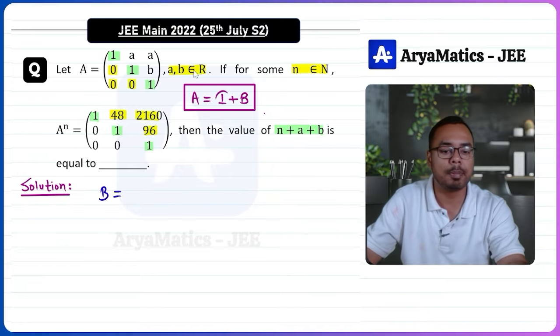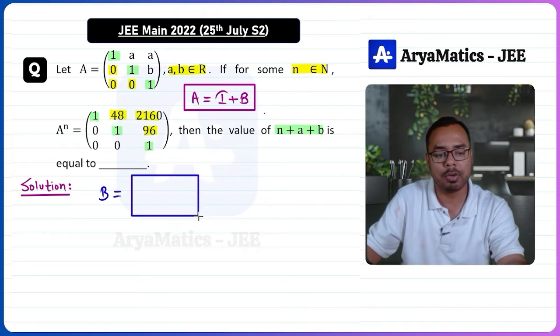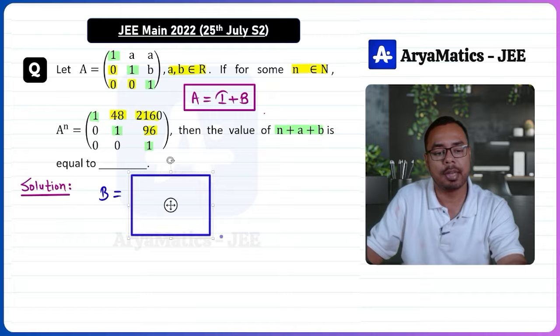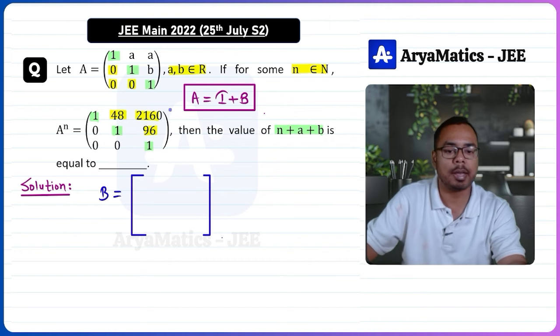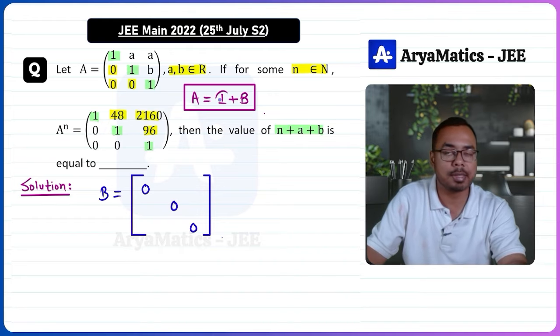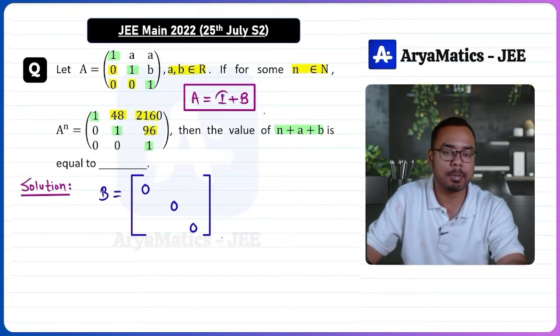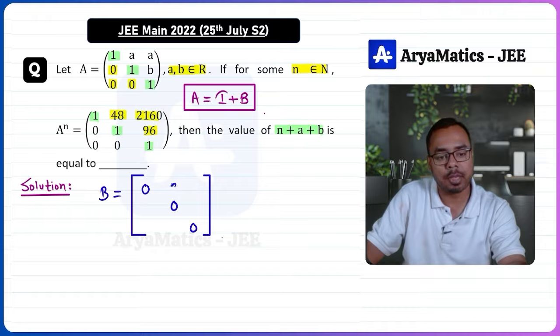The elements below the principal diagonal will also be 0, and you will get only 3 non-zero elements above the diagonal. If you calculate B square and higher powers of that matrix, then after a point you will get a null matrix. So here you will get a and b, and these elements are still 0. So this is our matrix B.